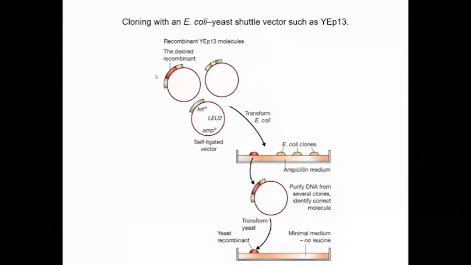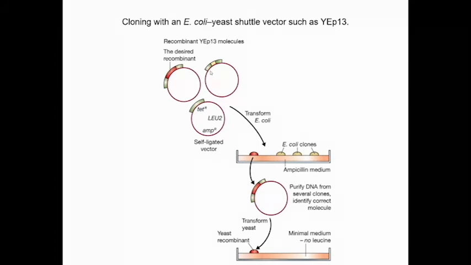So let's say when you introduce the DNA into the specific yeast vector, and you have a mixture of the DNA, and then you perform the introduction of the DNA into the vector.